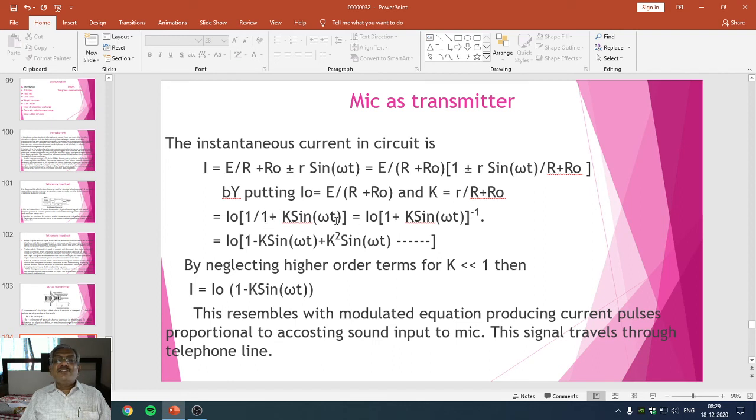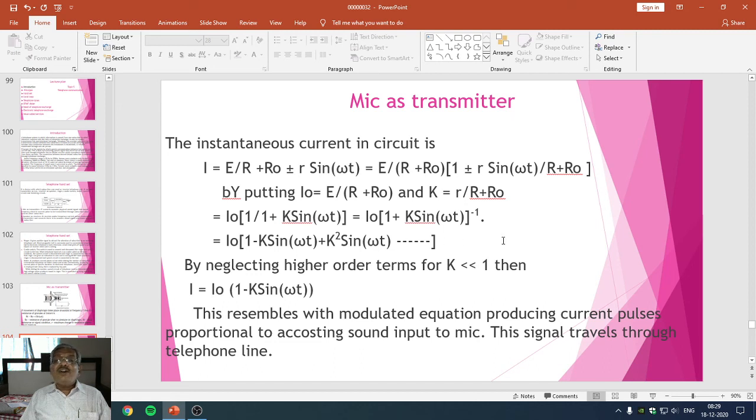As this term is existing in the denominator, we take it in the numerator. Expand this binomially so as to get I0 into bracket 1 minus K sine of omega t plus K square sine of omega t minus K cube sine of omega t plus K raised to 4 sine of omega t, and so on.